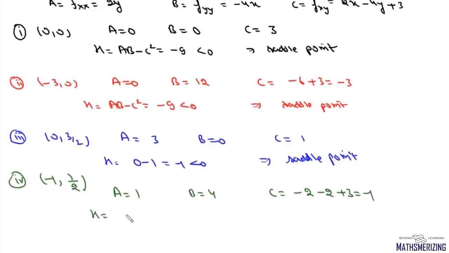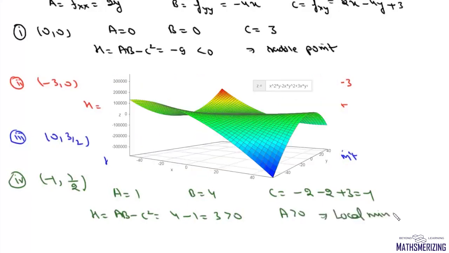If we find H in this case, it will be 4 minus 1 plus 3, and H is greater than 0. So for this fourth point, H is greater than 0 and A is greater than 0, and if H is greater than 0 and A is greater than 0, it's a point of local minima. So we have a local minima at minus 1, 1 by 2.